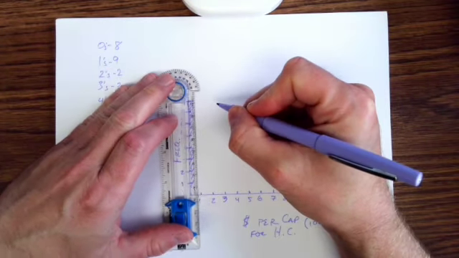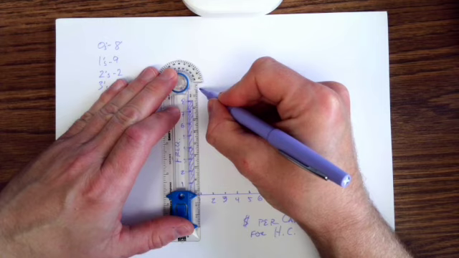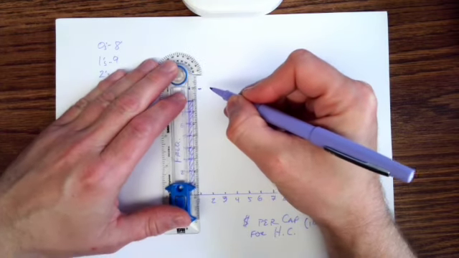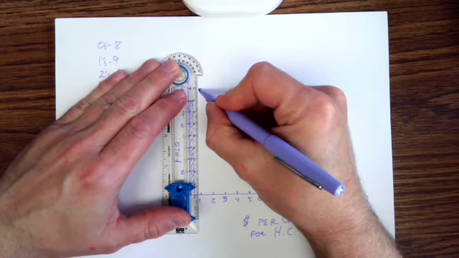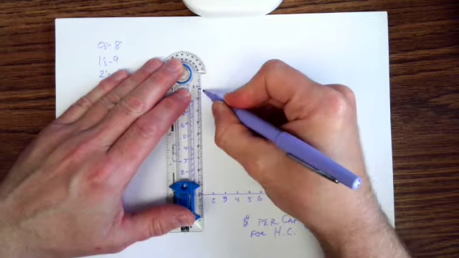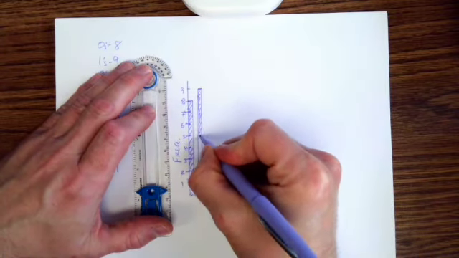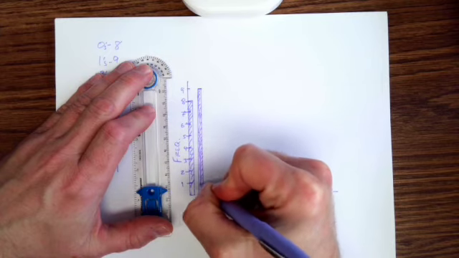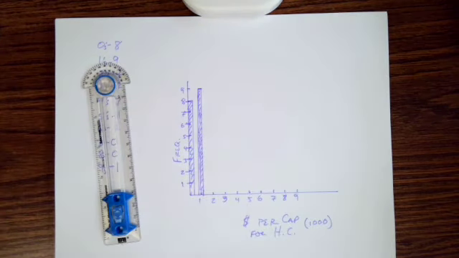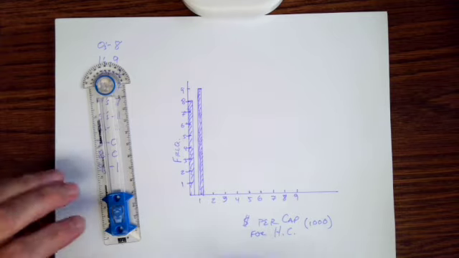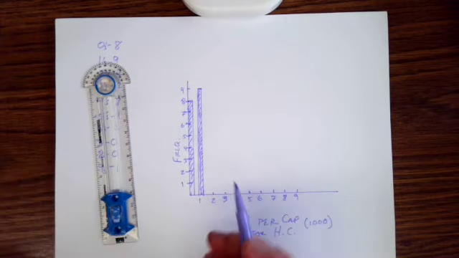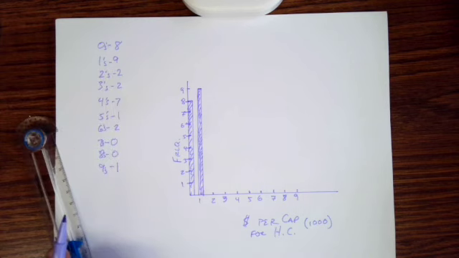And then of course I just draw that out all the way down like that and shade that in as best I can. You can absolutely make these wider so that they're touching each other, because in this particular instance, these values are very much discrete values.